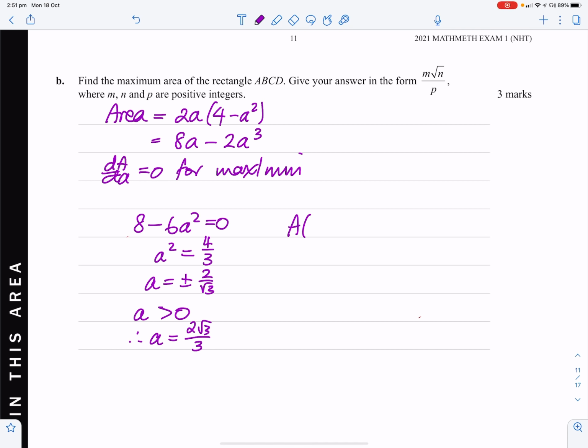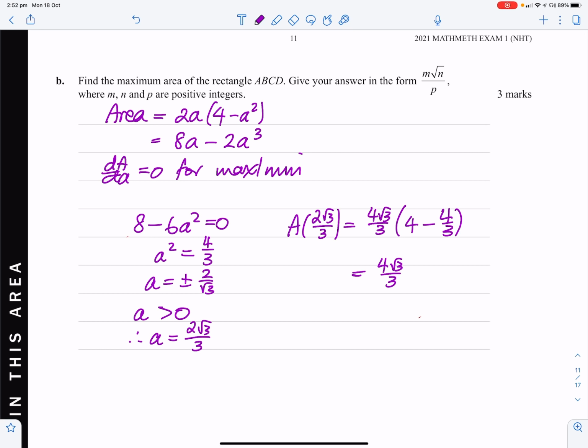Our area, if I've got 2 root 3 on 3, is 2 times 2 root 3 on 3, so 4 root 3 on 3, multiplied by 4 minus A squared, and we know A squared is 4 on 3. So we get 4 root 3 on 3. That's 16 on 3 minus 4 on 3. 12 on 3. Is that right?